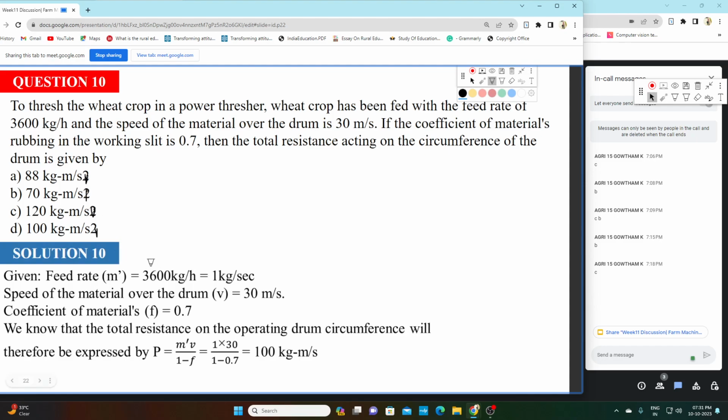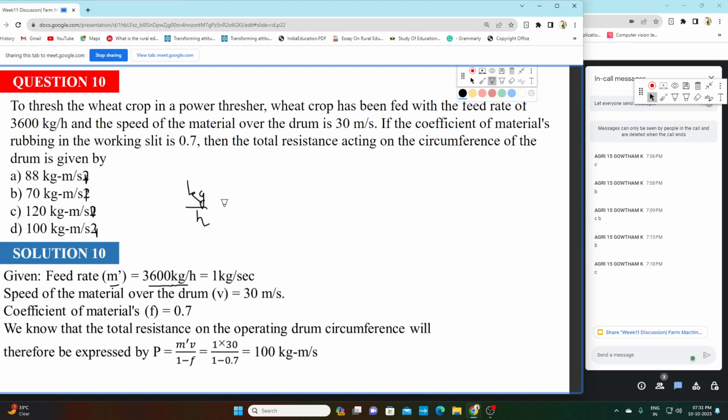So the feed rate, that is m dash, is given as 3600 kg per hour. We can convert that into kg per second, because we always do our calculation in seconds. How can we convert kg per hour to kg per second?